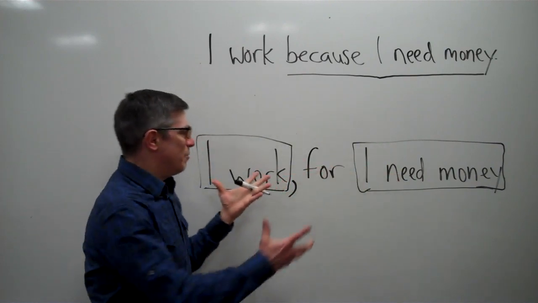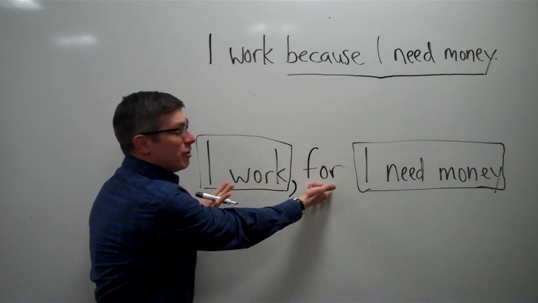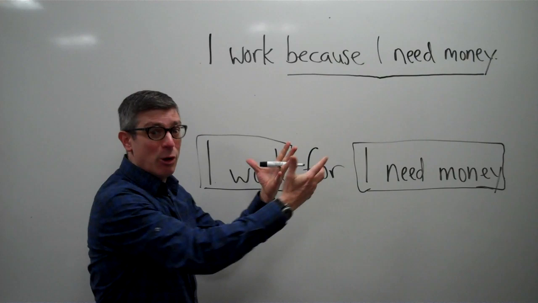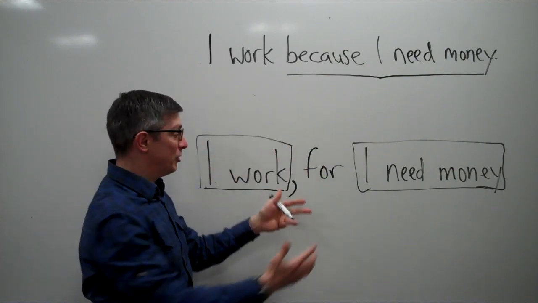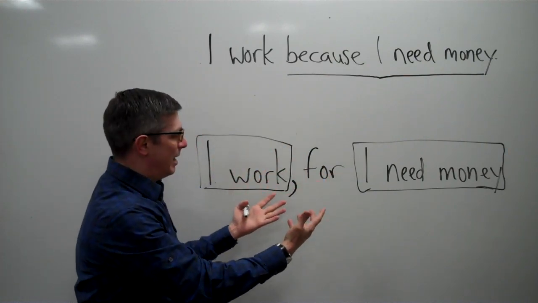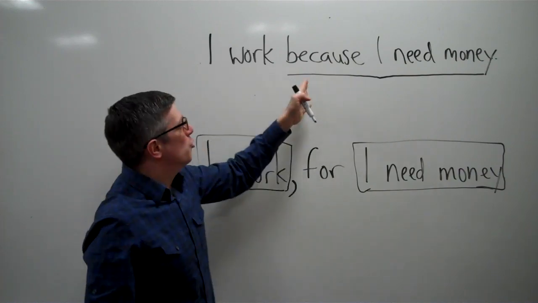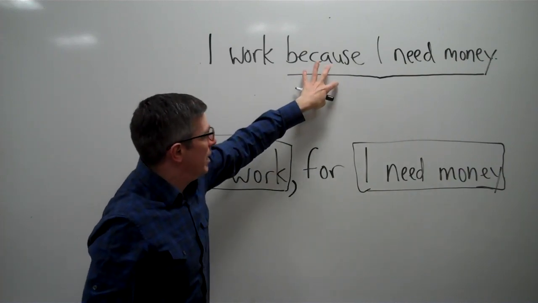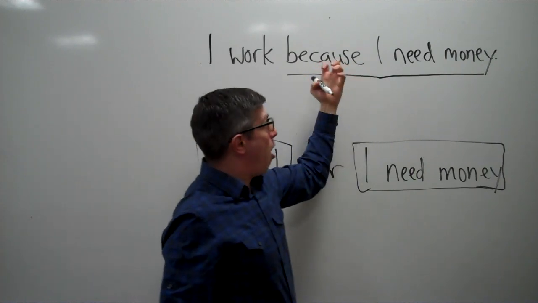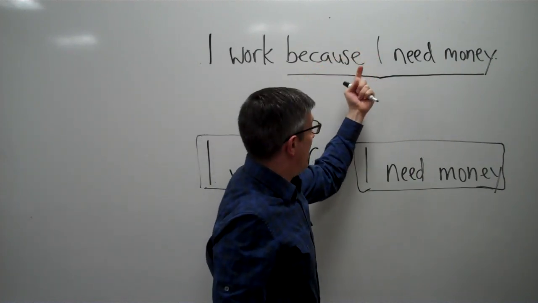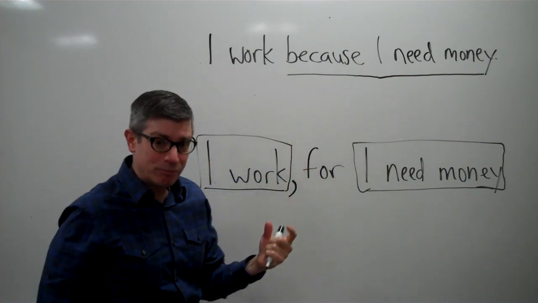There are two independent clauses, and the coordinating conjunction is standing in a way outside of both of them. It's coming between them. It's balancing both of them. But the same isn't true with this because. This because is part of the unit that includes I need money.